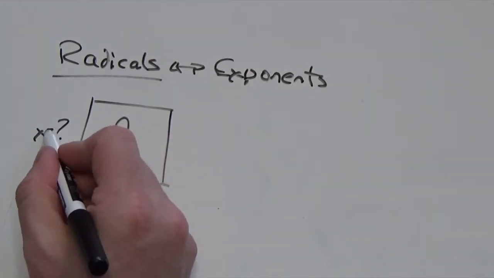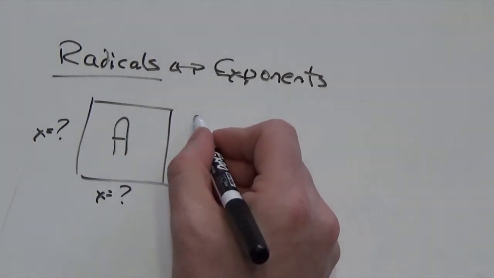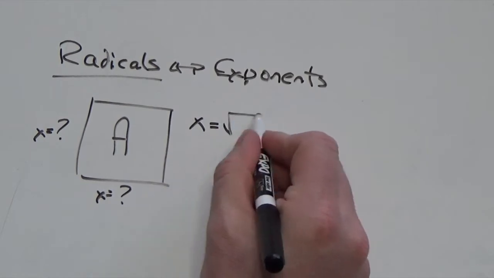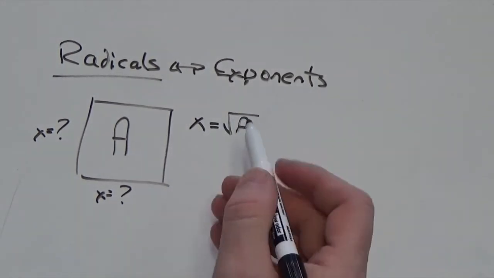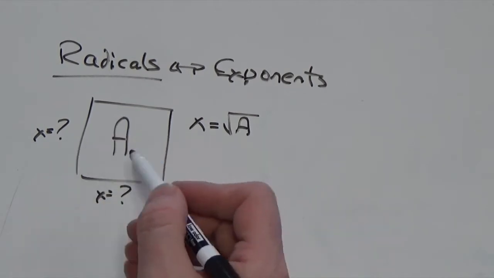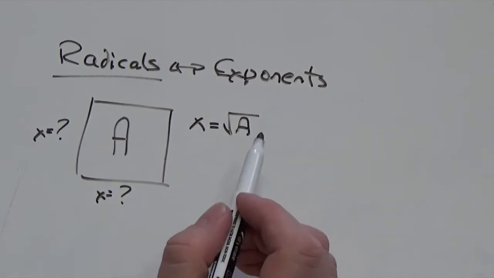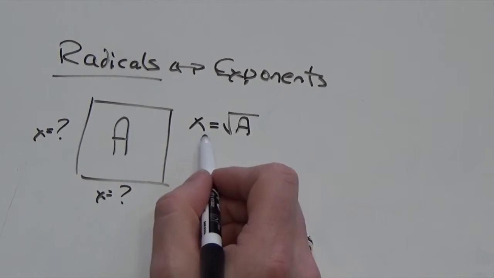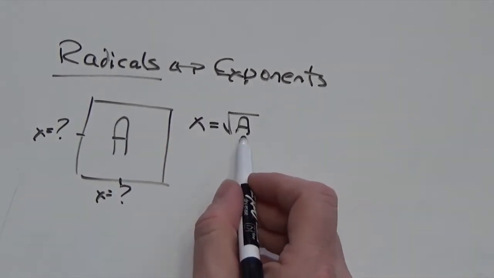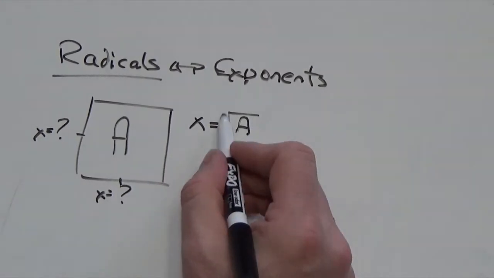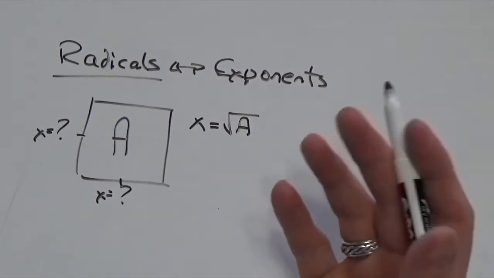If we call the side x, we introduce this symbol, which takes us from the area of the square, and it's important that you understand that this is a square, to the length of the sides, each side being identical. So each side length is going to be the square root of a.